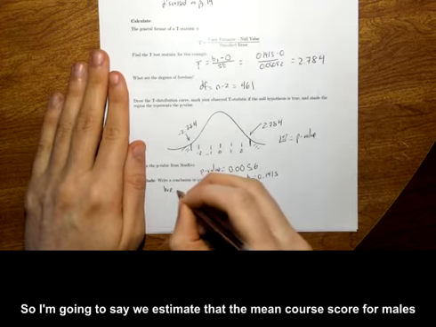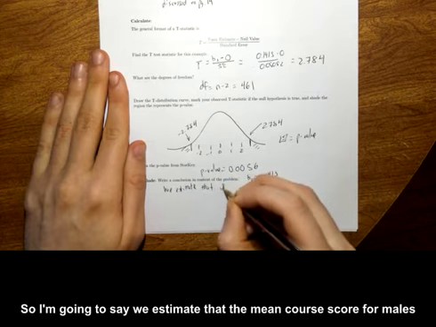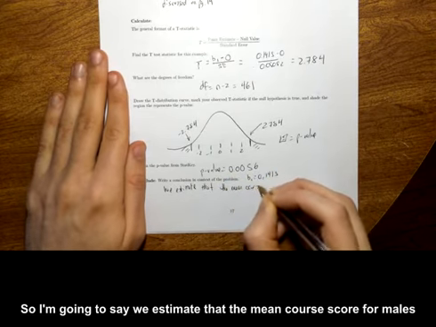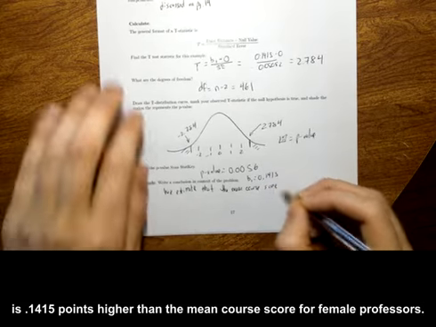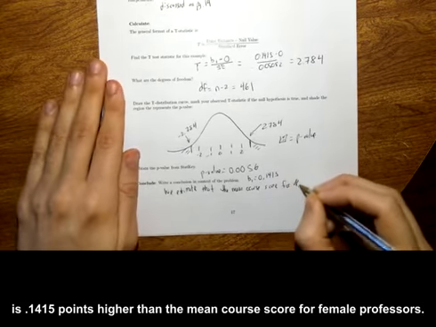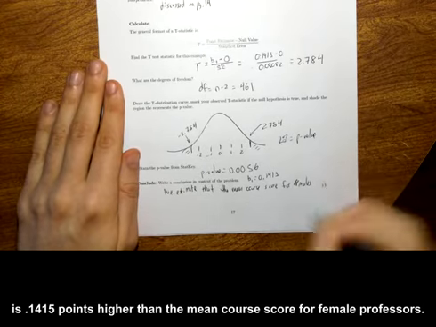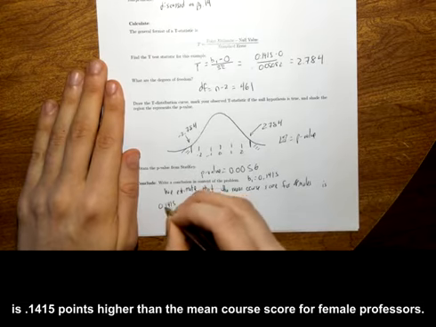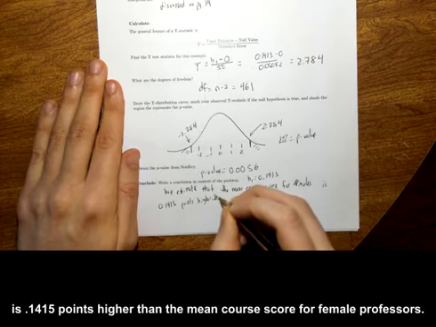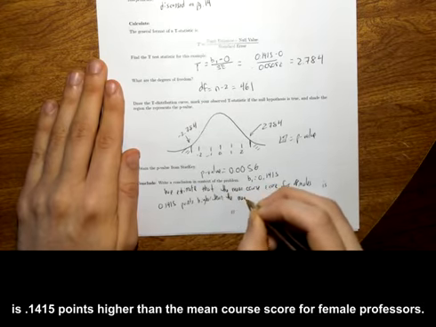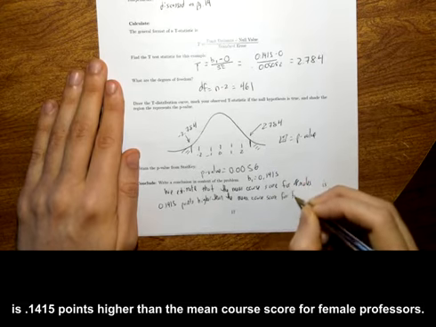So I'm going to say we estimate that the mean course score for males is 0.1415 points higher than the mean course score for female professors.